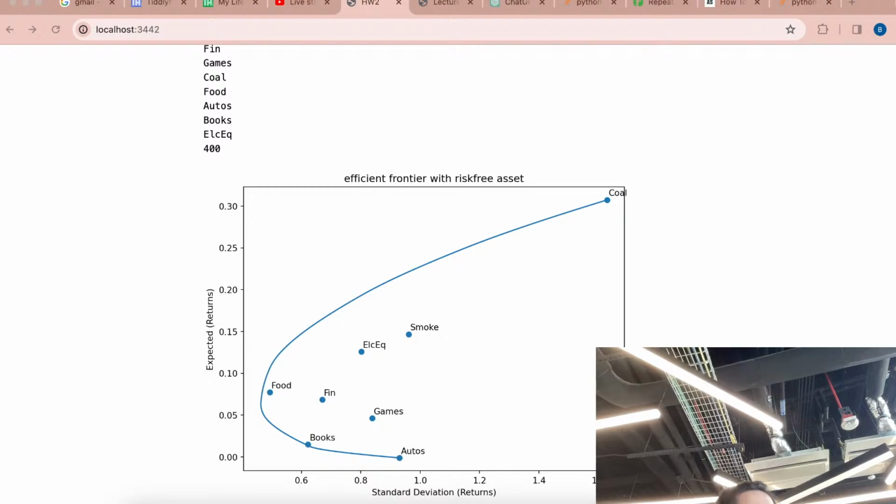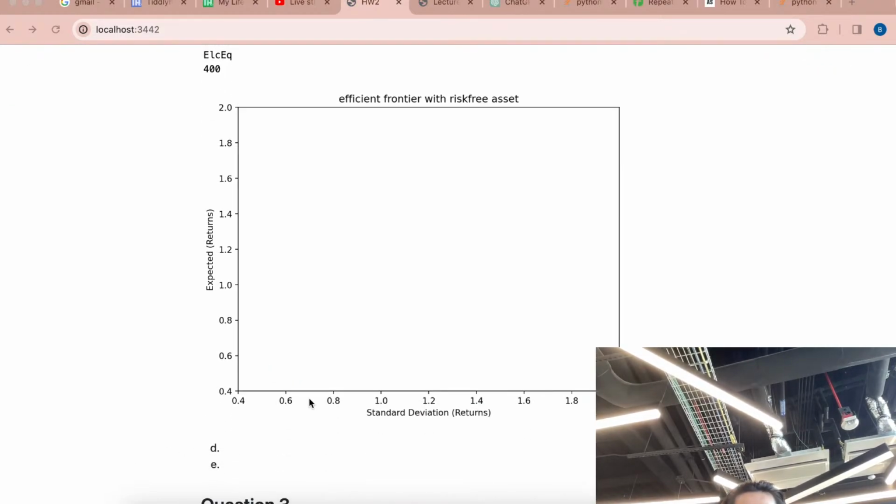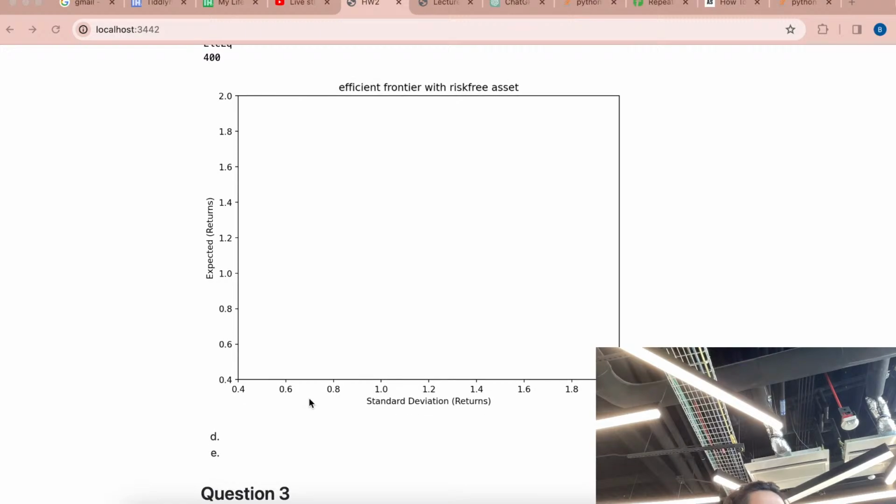So we could try that. X dot set x limits for 2.0. Okay. Alright, and then we could take the y limits and oh shit.